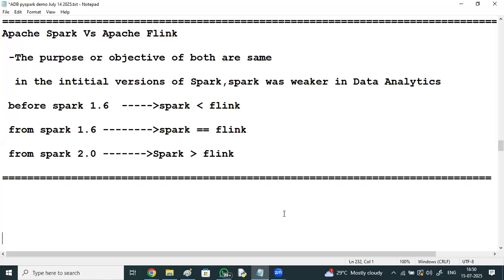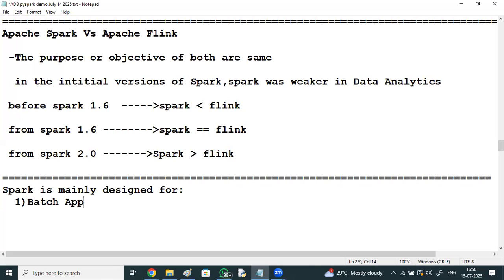Okay. Now, talking about Spark advantages, before I go with advantages, Spark is mainly designed for batch applications.